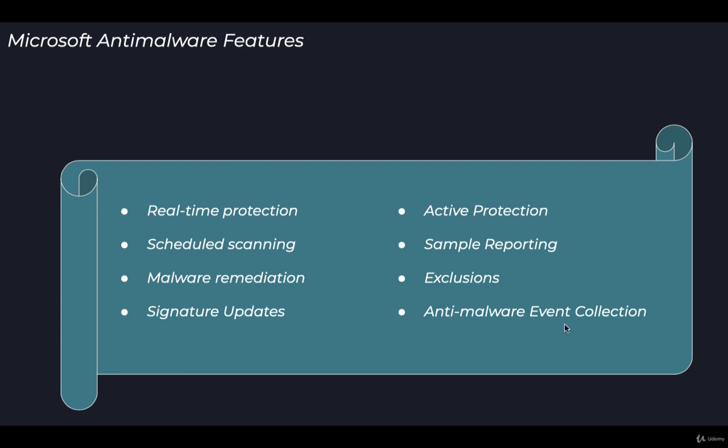Then anti-malware event collection lets you record the anti-malware service health information, suspicious activities, and remediation actions taken in the OS, and you can also forward it to the Azure storage account like we discussed in the previous slide. So you get all those features with Microsoft Azure anti-malware.